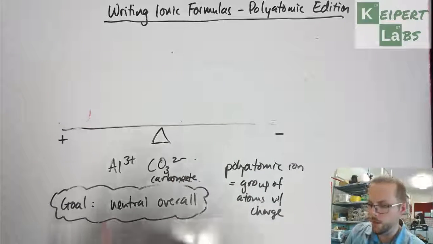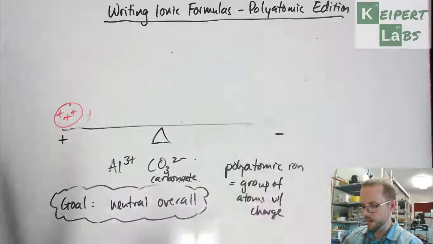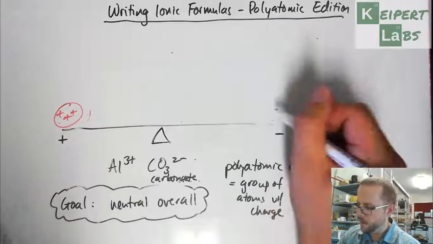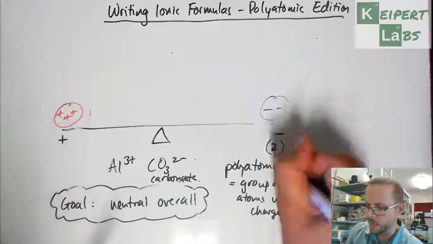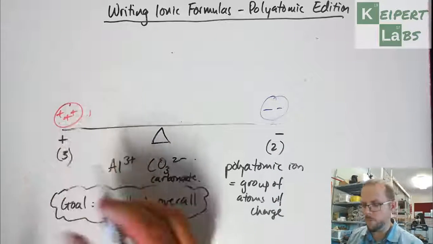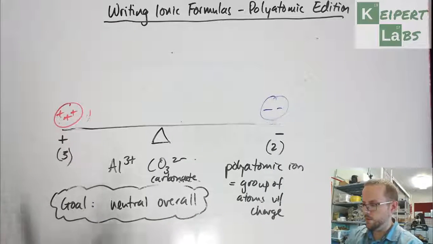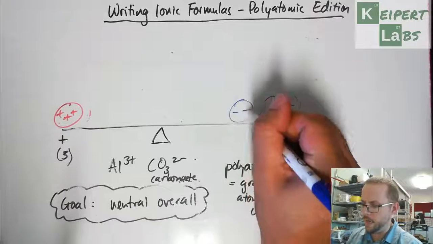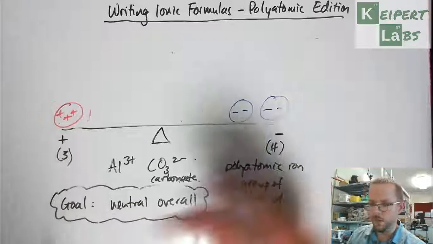So I've got a blob over here with 3 pluses, and a blue blob over here with 2 minuses. Running my tally, I've got 3 pluses and 2 minuses. If I start by evening it up by adding an extra 1 over here, then I've got 4 and 3.